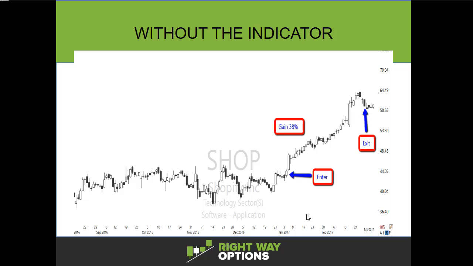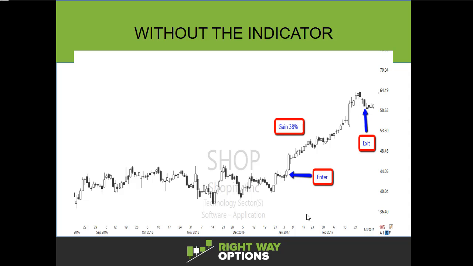When you put all those fancy colorful indicators on your chart, one of the things that tends to happen is your eyes get drawn away from price, and you're evaluating an indicator. You're not evaluating what the actual stock is doing. Well, this indicator is a little bit different, and it doesn't cloud the price action. It helps you see good quality entries and exit points, and it's really easy to follow.